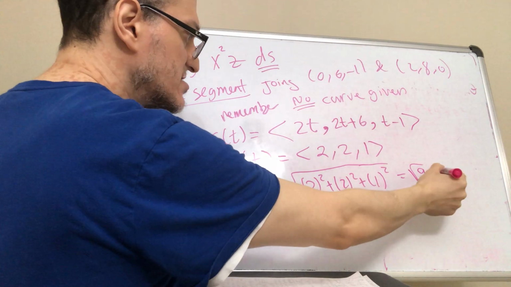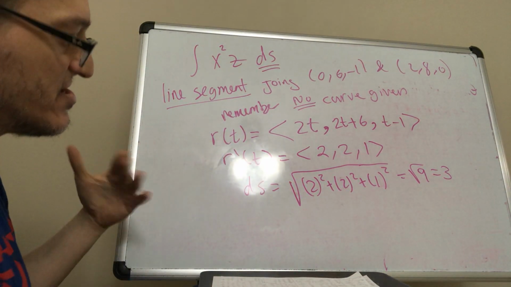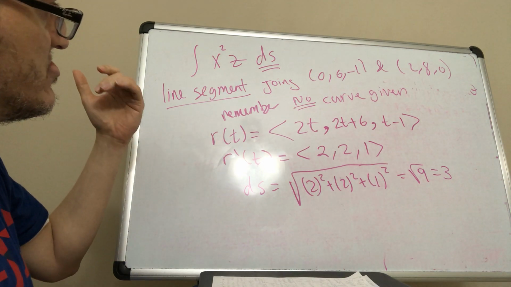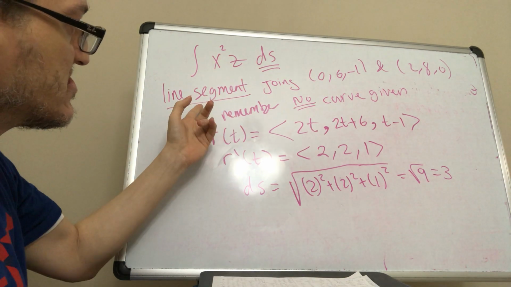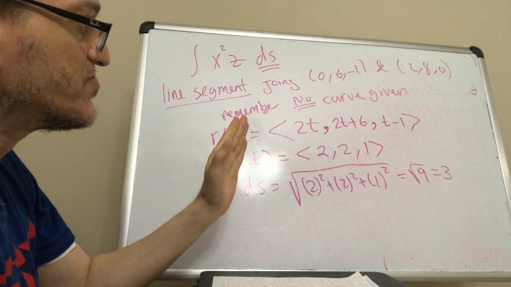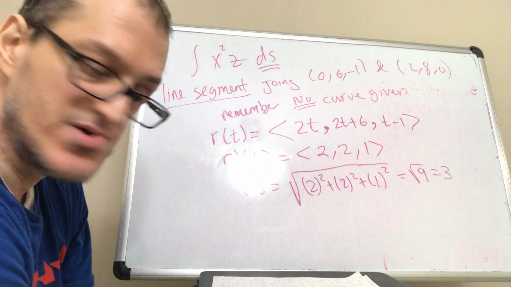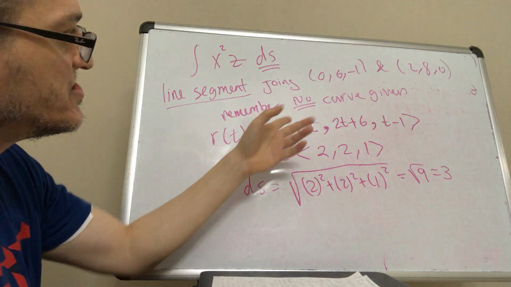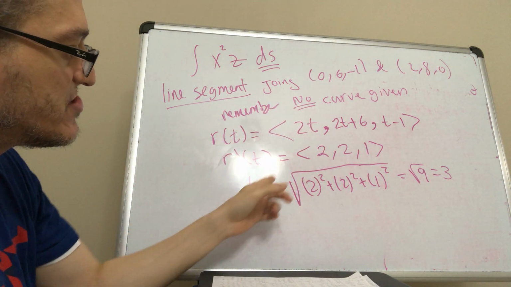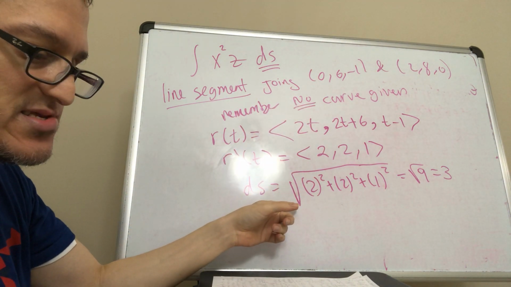Square root of 9 is 3. So again, when they tell you to integrate ds line segment joining 2 points, remember, if there is no curve given, you have to come up with the curve. We found the curve, we found the derivative, and we know what ds is.